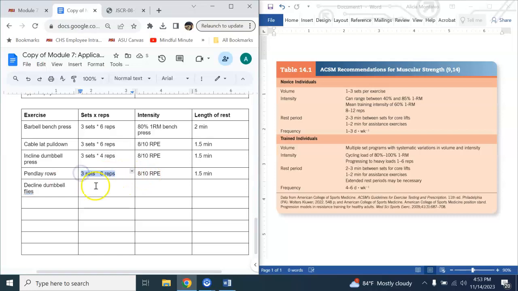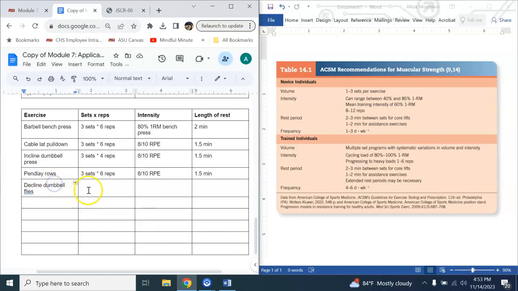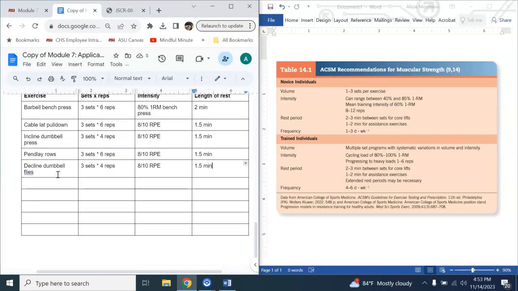And then I'll do my same thing. This is going to be pretty hard, so maybe I'm going to stick to this. Probably get pretty fatigued. I'll do 1.5 minutes of rest in between. I'm going to go back to my pull. That's a push, so let me go back to my pull.